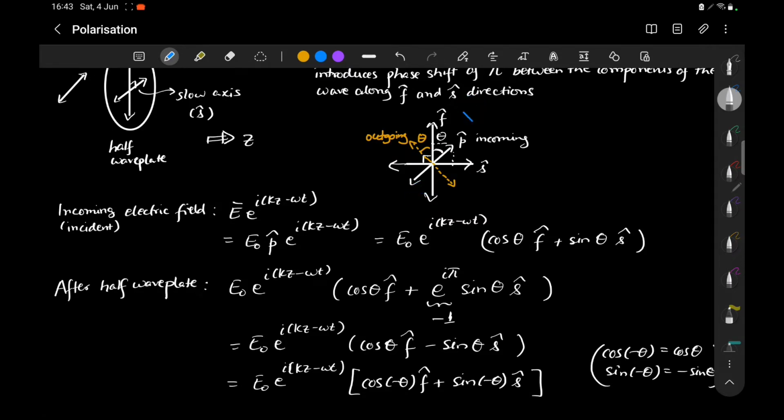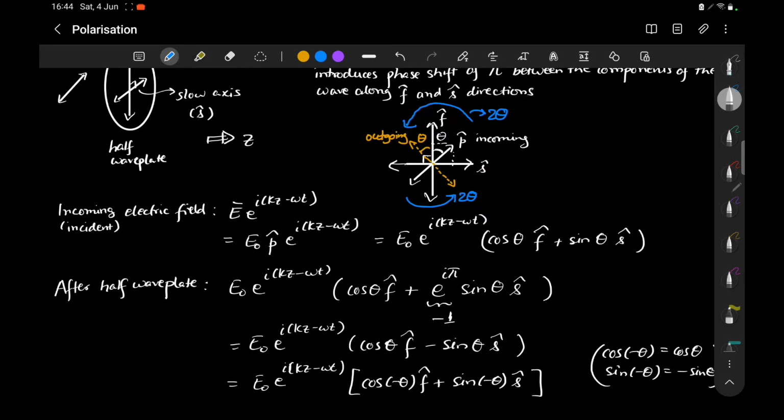So this has gone to that, and this is rotation by 2 theta, or we can see it from here. This is rotation of 2 theta. So incoming to outgoing polarization is like rotation by 2 theta. This is for the case when the incoming electric field is linearly polarized.